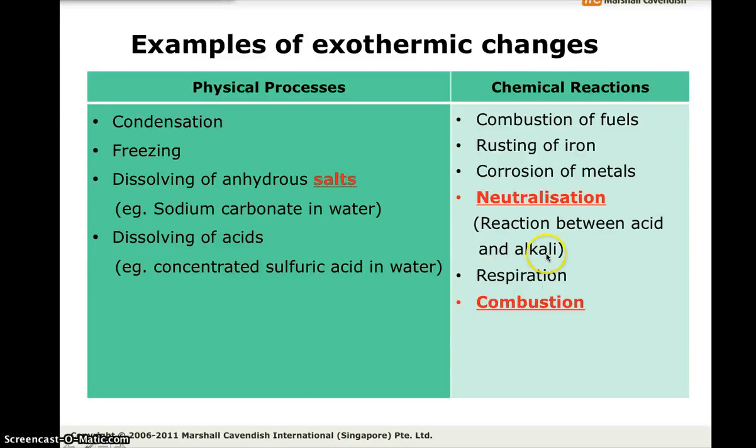For respiration, this is very interesting. If you don't believe me, take a deep breath in and then breathe out. You realize that your breath is quite warm, and that is because during respiration a lot of heat energy is given off. Therefore respiration is an exothermic reaction.